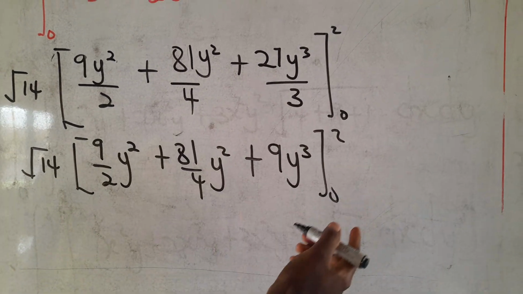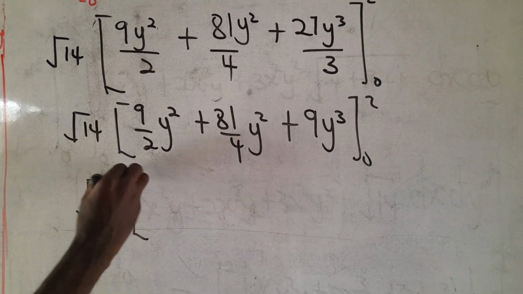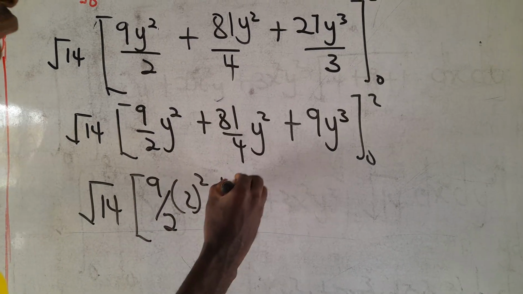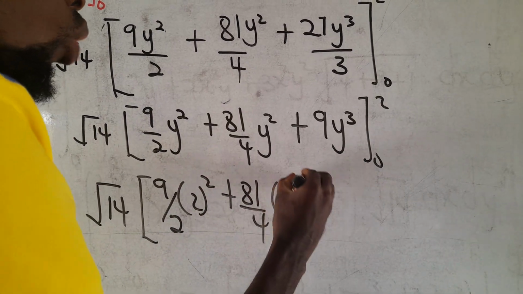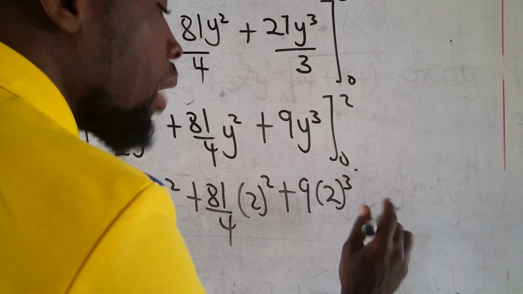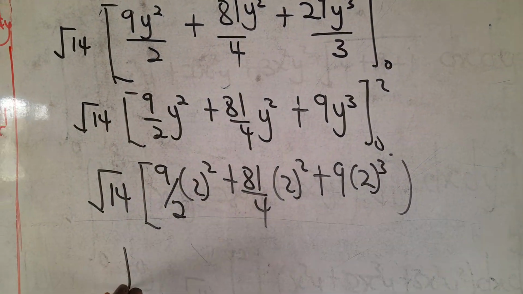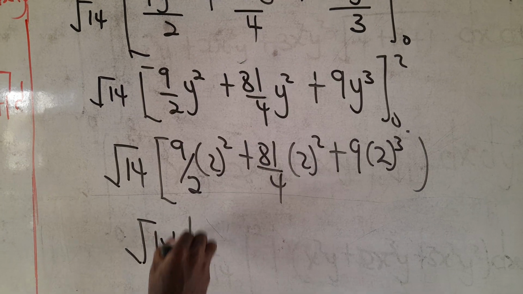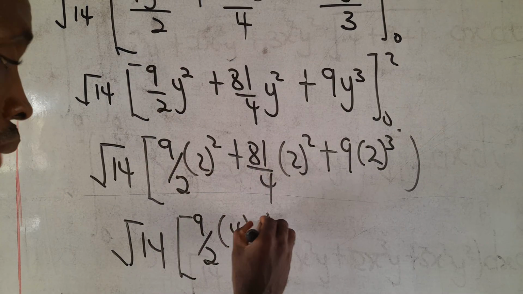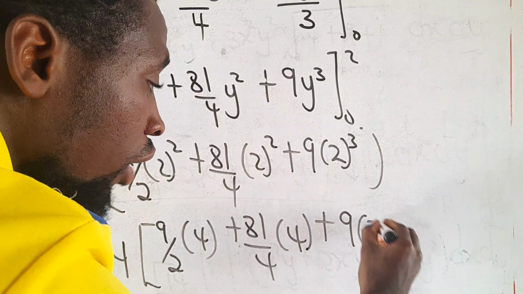One substitute 0 will be 0, so we just substitute the 2. Square root of 14, we have 9 over 2 times 2 squared, plus 81 over 4 times 2 squared, plus 9 times 2 cubed. So minus zeros like that, but it will still be 0. So I have the square root of 14, 9 over 2 times 4, plus 81 over 4 times 4, then plus 9 times 8.